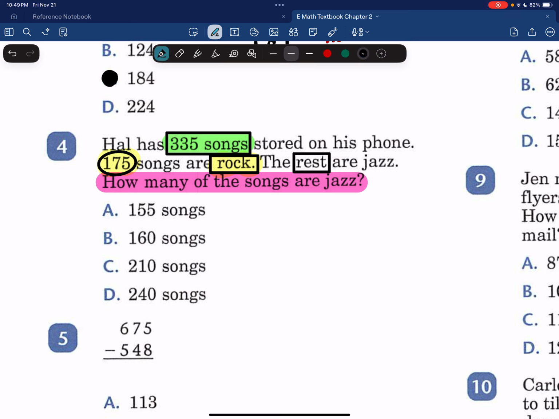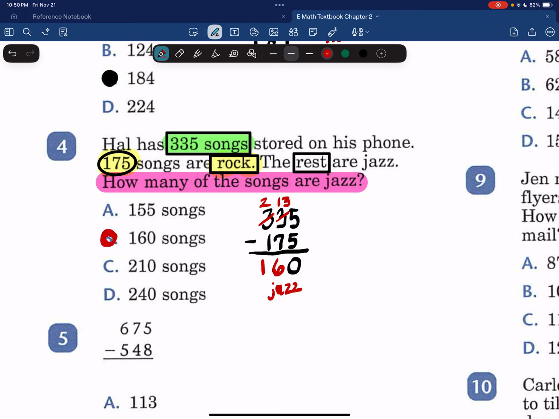So they want me to say 335 minus 175, and 5 take away 5 is 0. On this one, I do have to borrow. 13 minus 7 is 6, and 2 minus 1 is 1. So 160 would be jazz.